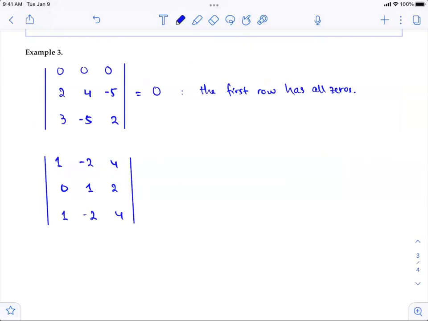The first row and the third row are the same. Therefore, you can say that the determinant is equal to 0.